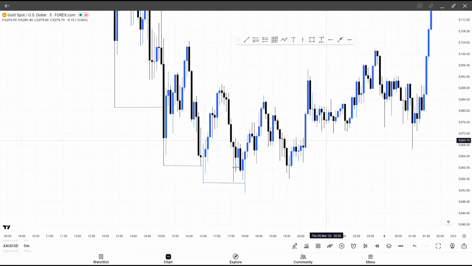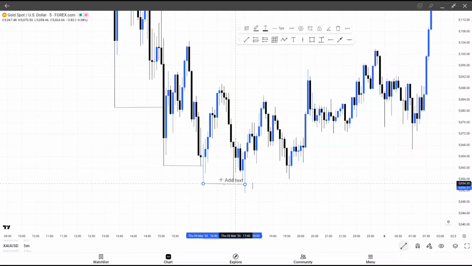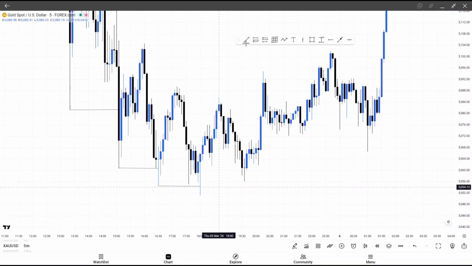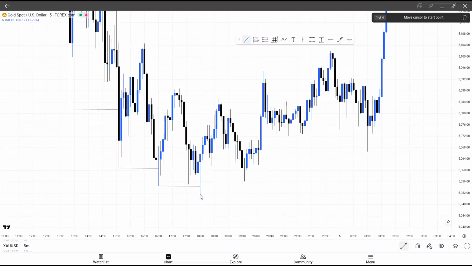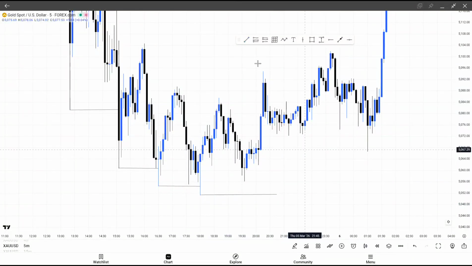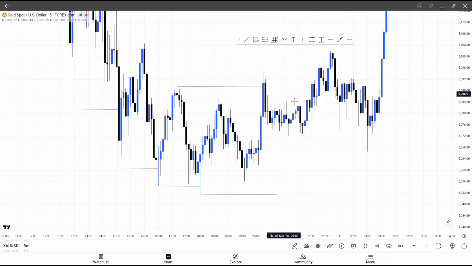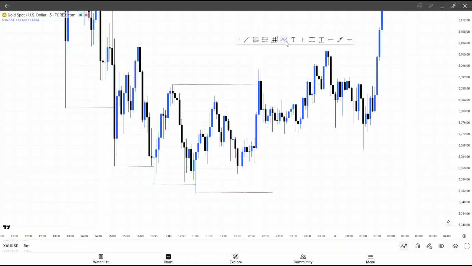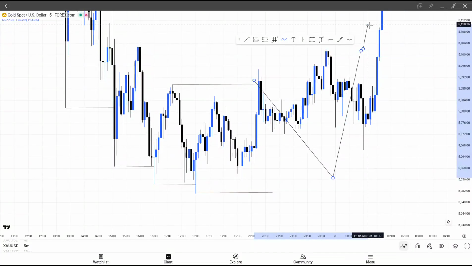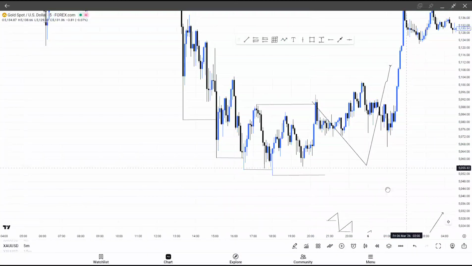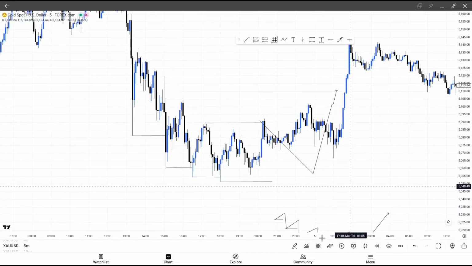So we can see that the market has been bearish on this 5-minute time frame. All right, and what happened? We don't have another break of structure to the downside, but we have a break of structure to the upside. It means that the market has taken out the previous high, so the market is about to reverse. As we can see, the market has taken the reversal to the upside. This is what we call a market structure shift.